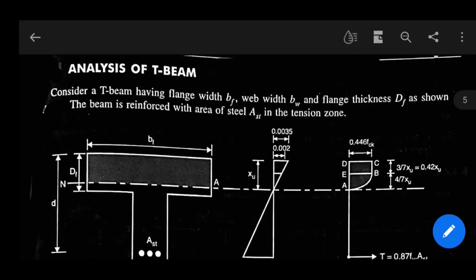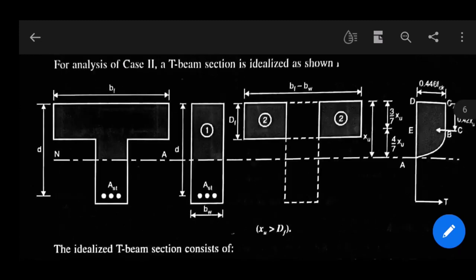First, the neutral axis may lie in the flange portion, and second, the neutral axis may lie in the web portion. In these two cases, the method of analysis and the section division are slightly different.